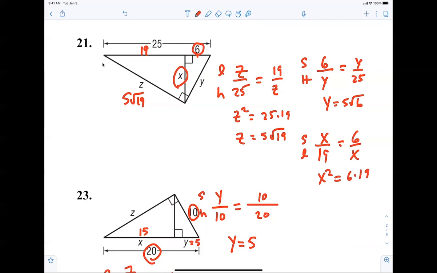And 6 times 19 is 60 and 54, which is 114, right? Yeah. Square root 114.